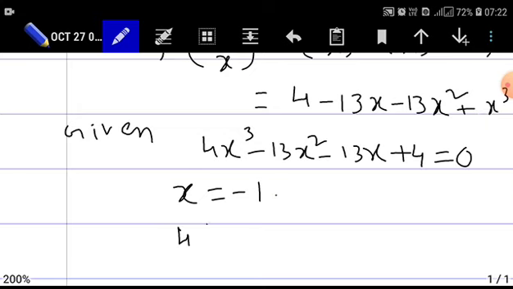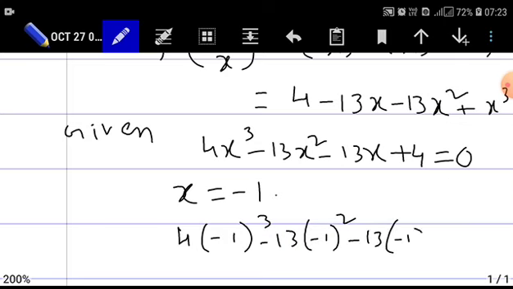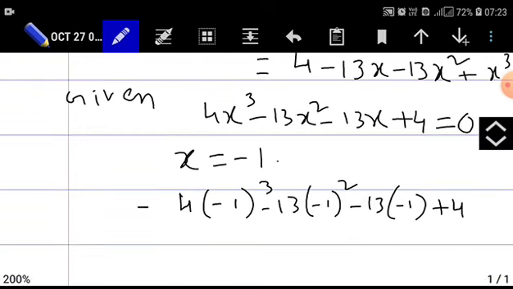We get 4 into minus 1 cube, minus 13 into minus 1 square, minus 13 into minus 1, plus 4. When we substitute this value in the LHS, we are checking whether we get 0 or not.